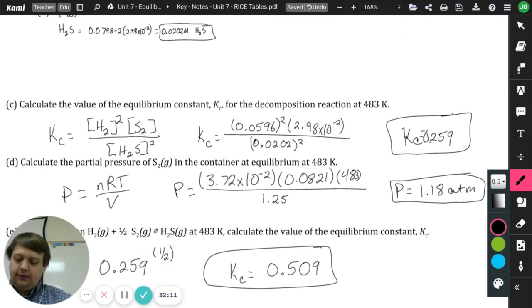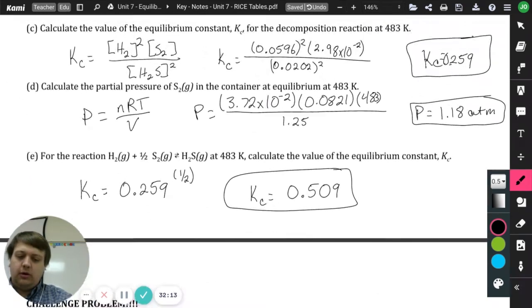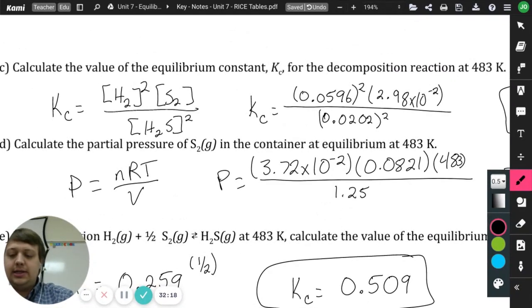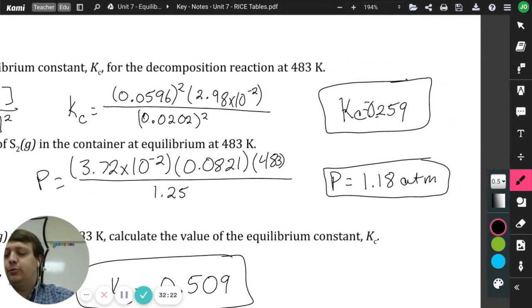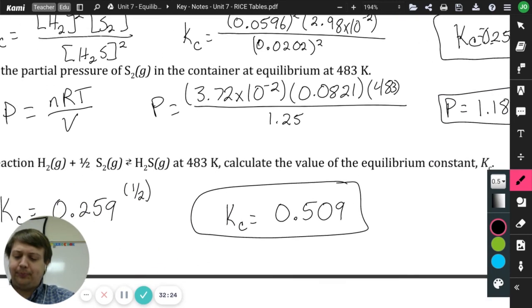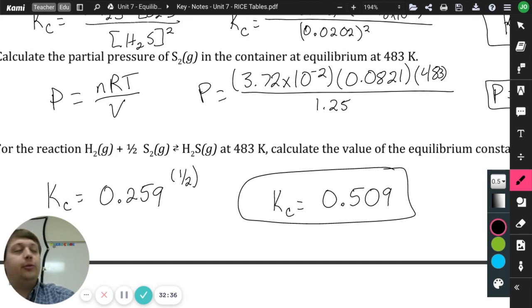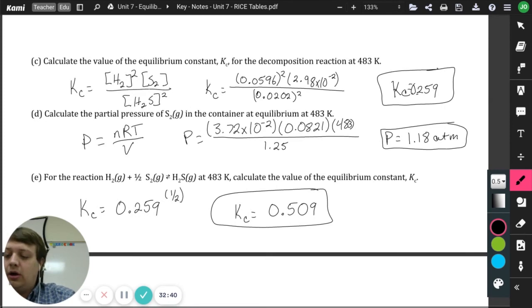All right, now let's take a look at D. For D, we would use PV equals nRT, rearrange that equation, and I found that my pressure was 1.18 atmospheres. And then last for the reaction here, this would be us multiplying by a factor of 1/2. So I would take my Kc value, put it to that 1/2 power, and I would find my Kc equals 0.509. All right, so that would be all of that problem.